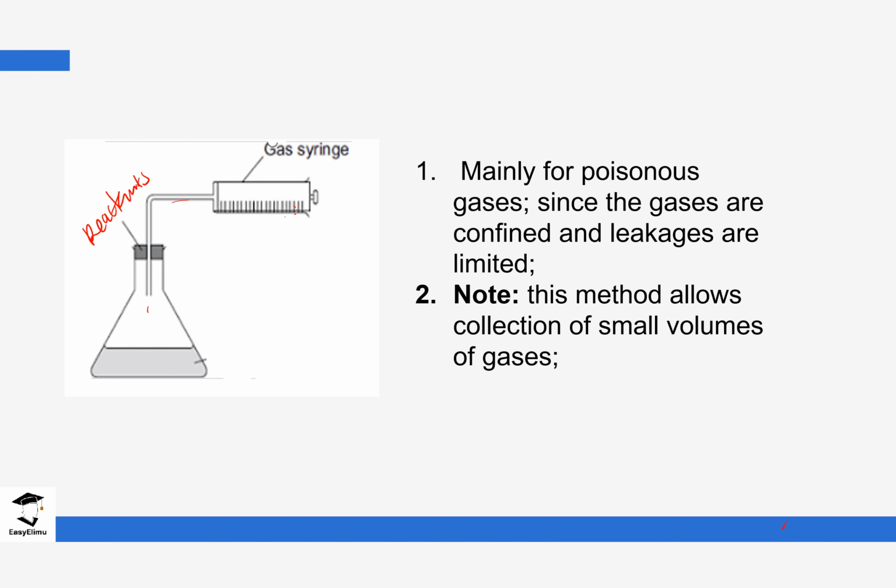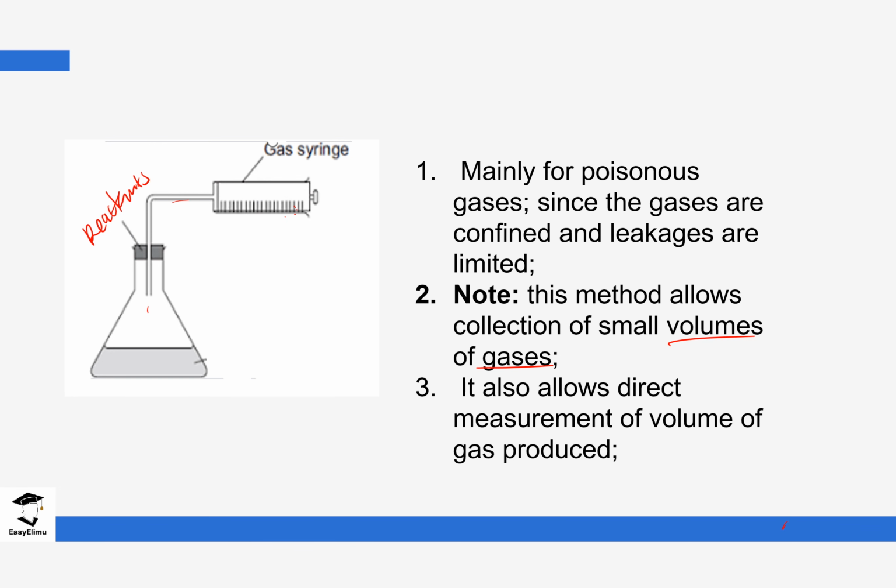It encloses that gas, and you're also able to tell the volume of the gas. You can get a specific and exact amount of a gas you'd want to collect. That's why it is also better, because it can help you to measure the volume of the gas being produced.